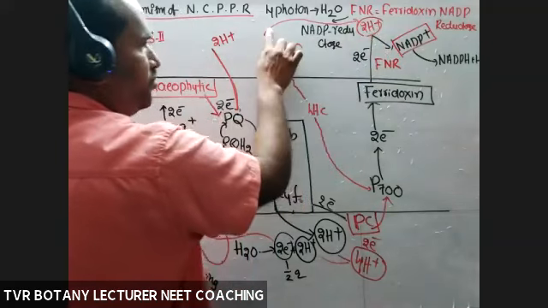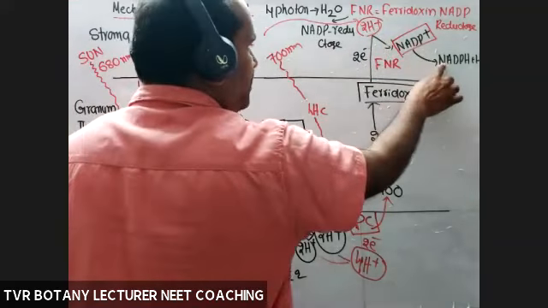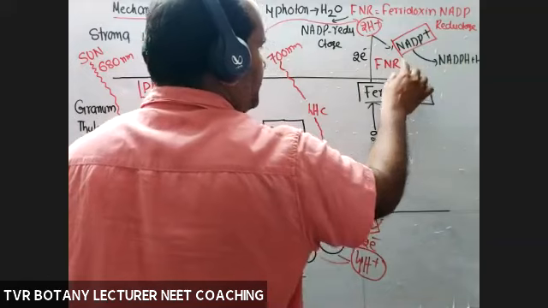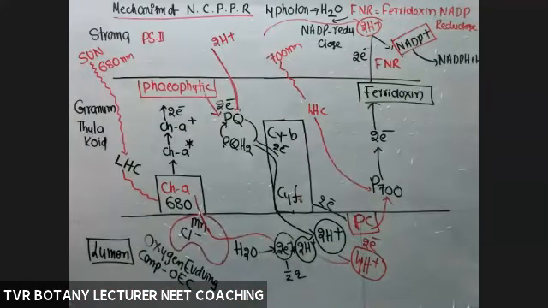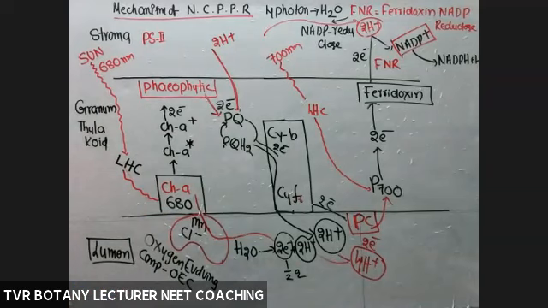2, coming from stroma. Reduced into 1 molecule of NADPH plus with the help of an enzyme, that is NADP oxidoreductase. NADP oxidoreductase is a conjugate enzyme, a holoenzyme. That enzyme is concerned with oxidation of ferredoxin and reduction of NADP.